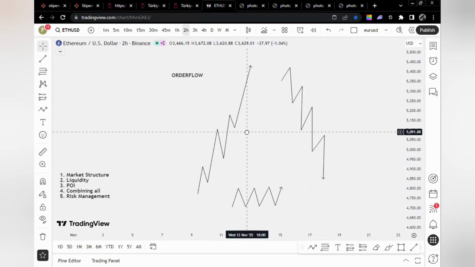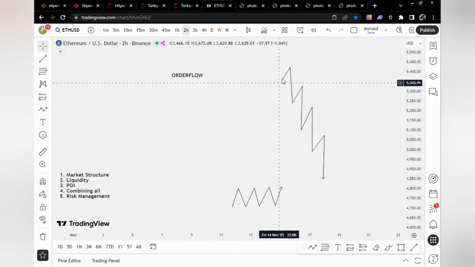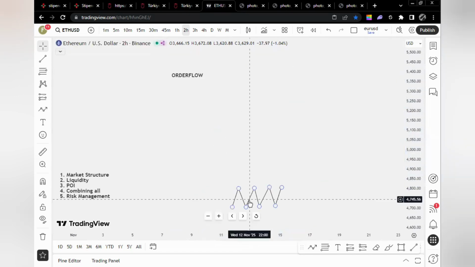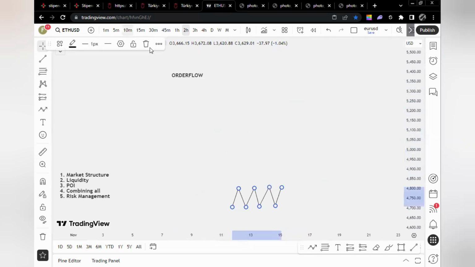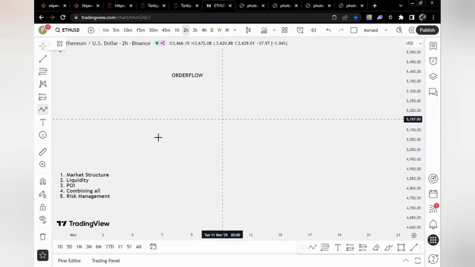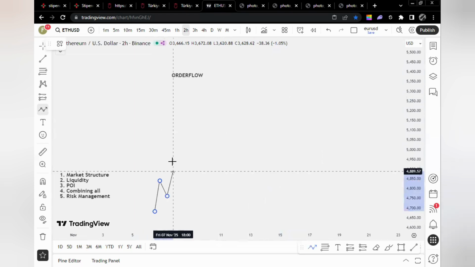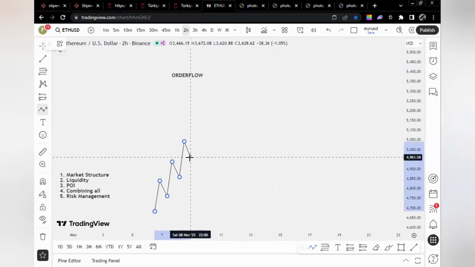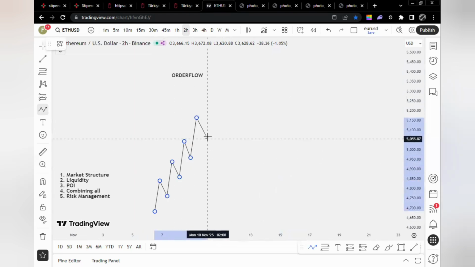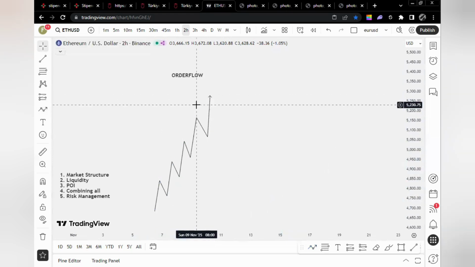Now, let's look at more things on the bearish and bullish order flow. In the bullish order flow, this is the way it works. The market moves up, creating what we call higher highs and higher lows. As the market is going higher, those higher points are also the highest.